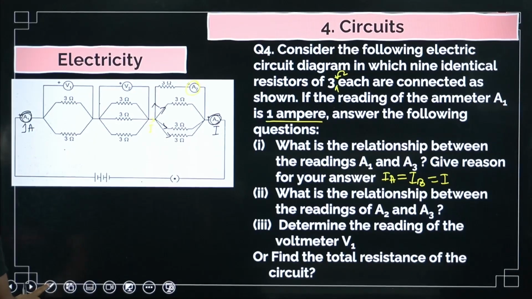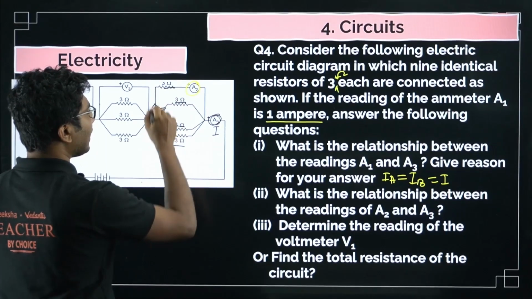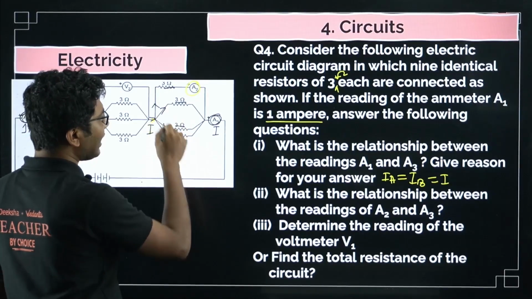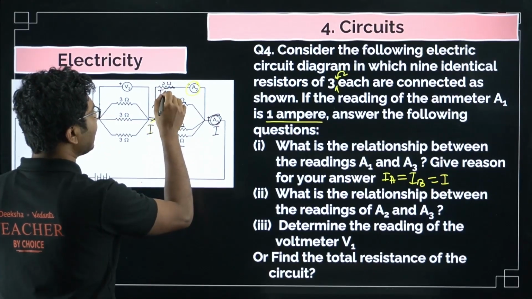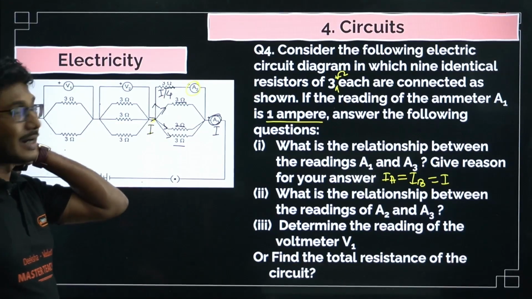Why am I saying 4 equal parts? All of them are 3 ohms, so basically this current I that is entering here will equally divide into all the resistors, right? Because they are equi-resistant paths, so we can say that current through any of the parts is I by 4.